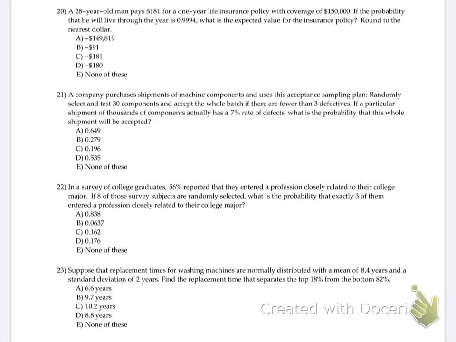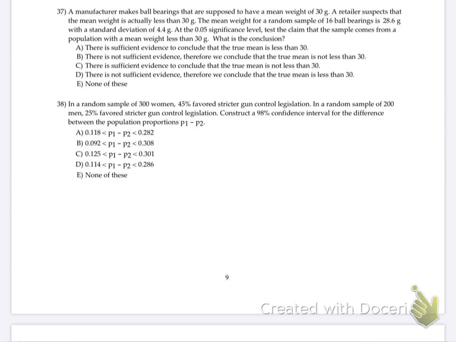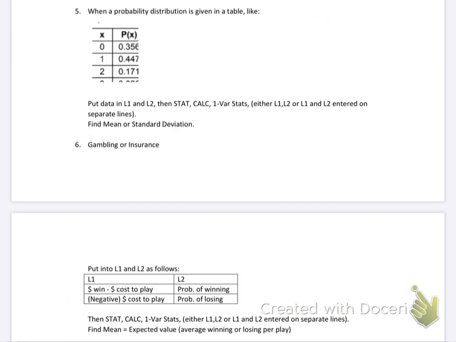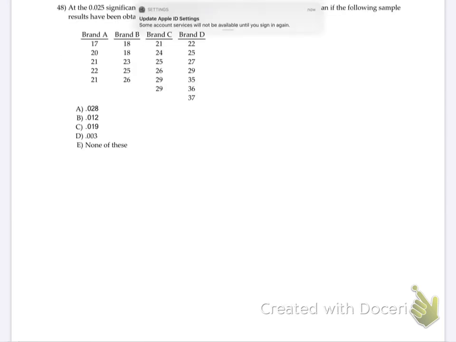So that's on the final exam notes, right? What does it say? Is gambling or insurance? Number 6, is that what it is? There it is again. So in L1, you're supposed to put dollars win minus dollars cost to play, and then negative cost to play, and probability of winning, probability of losing. All right, let's do it.